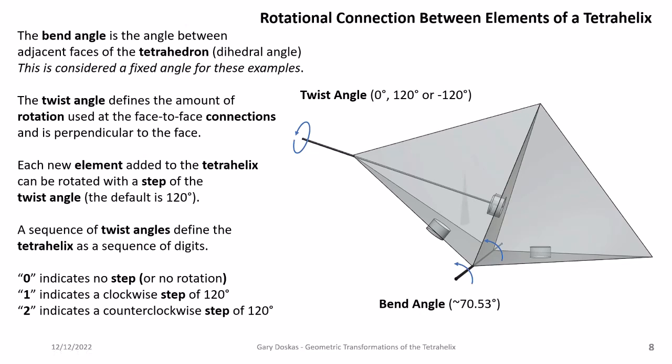The twist angle defines the amount of rotation used at each of the face-to-face connections, and it's perpendicular to the output face that it's connected to. Each new element added to the tetrahelix can be rotated with a step of the twist angle, which defaults to 120 for the classical tetrahelix. So now I can use a sequence of twist angles to define the tetrahelix as a sequence of digits, which I described in the earlier slide.